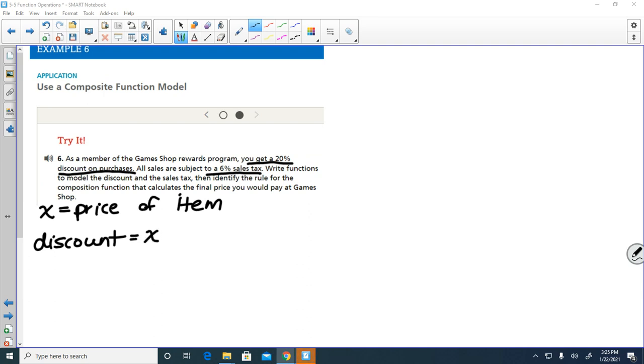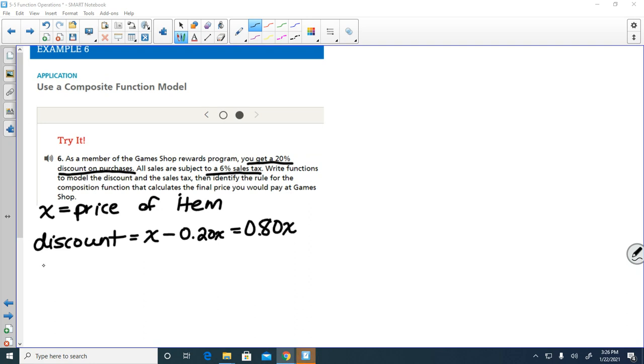I take the price of the item, and I'm going to subtract 20% or 0.20 times x, 20% of the item, which 1 minus 0.2 is 0.8. Which kind of makes sense. If you're getting 20% off, then you're paying 80% of the original price. So that's my formula for the discount.